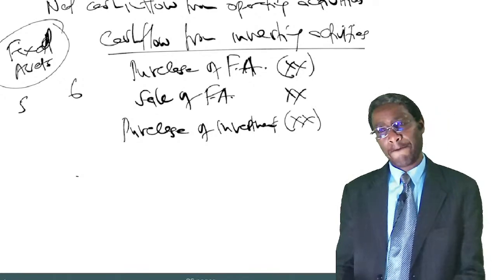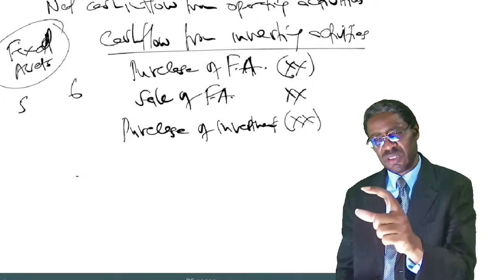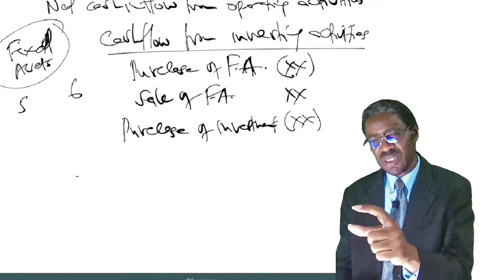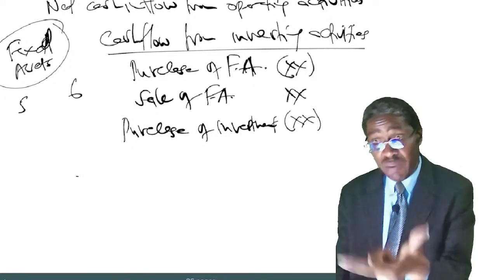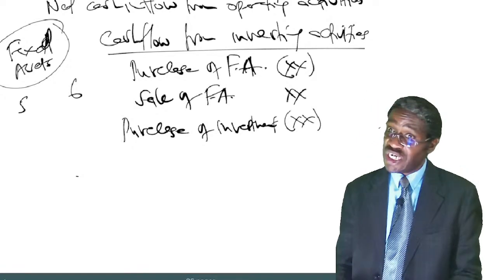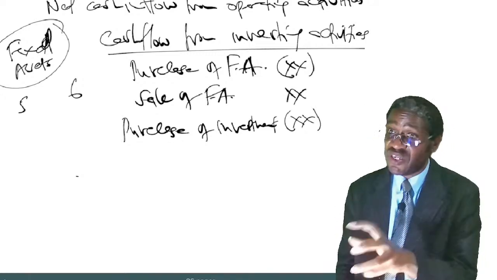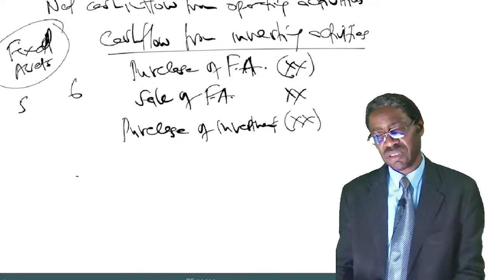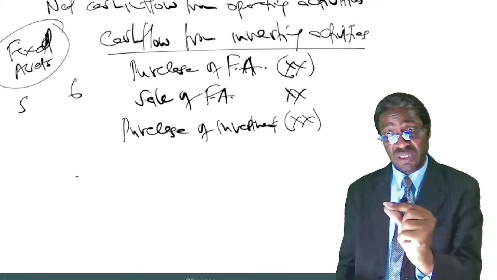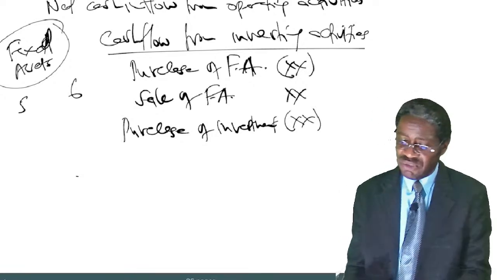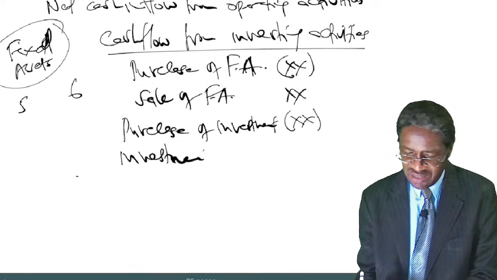Now listen. These investments gave you an investment income. Maybe you bought shares from Safaricom, and Safaricom is giving you dividends from your investment. Listen, any income that you are receiving from an investment should be classified as an investing activity.